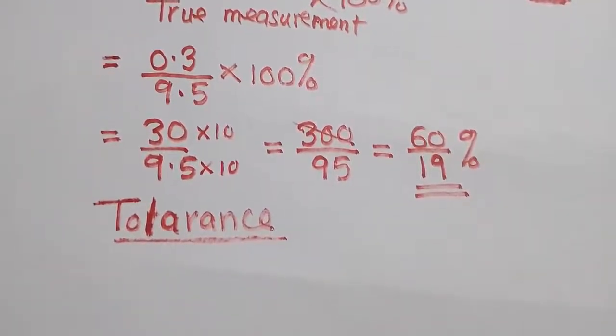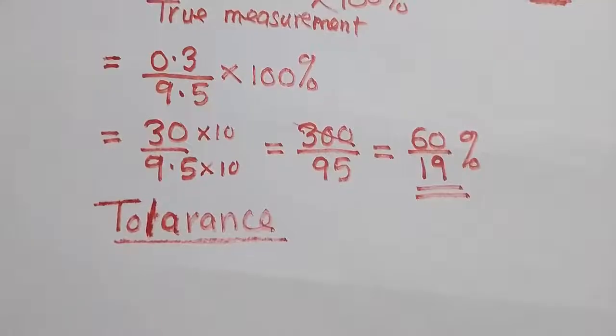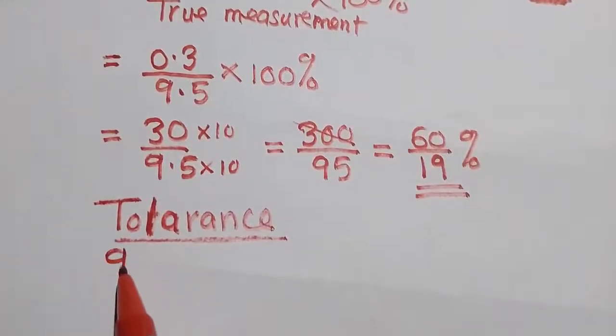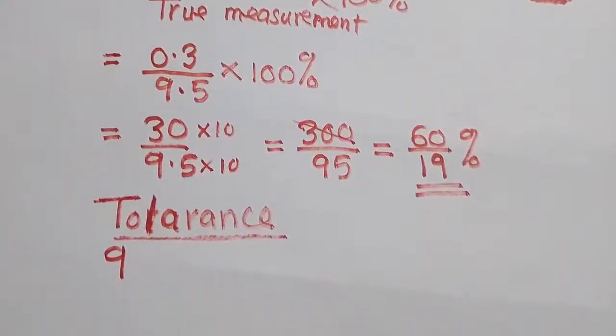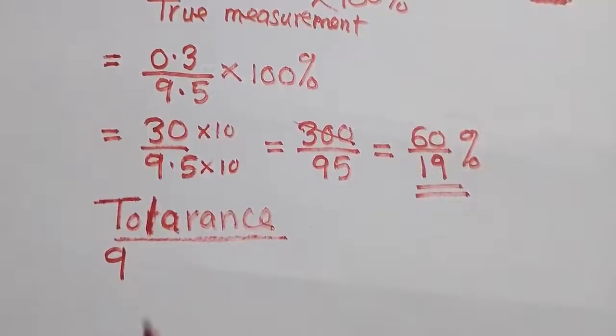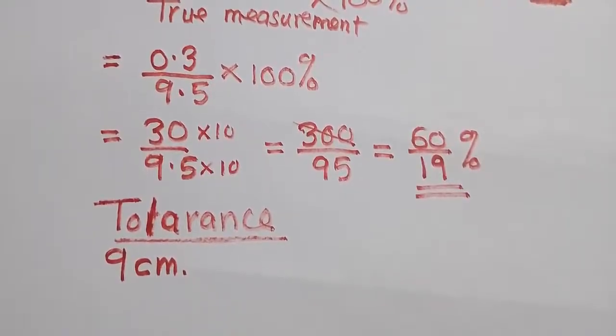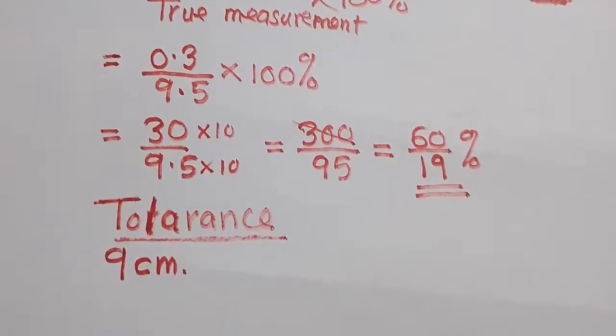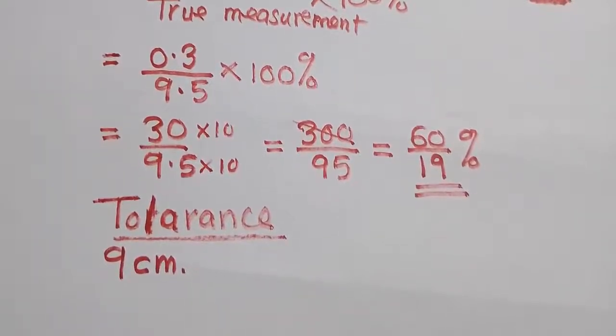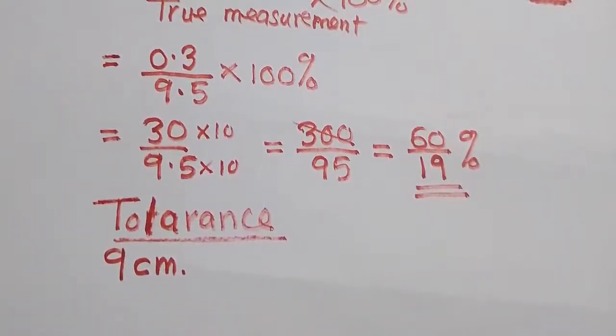Let's say you measure a number to be 9. Let's say it is 9 centimeters. This is the value measured. Then you are told to calculate the tolerance of that number. So how can you calculate it?